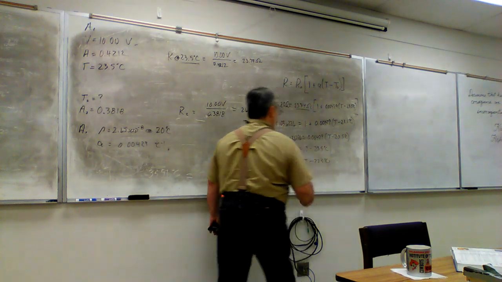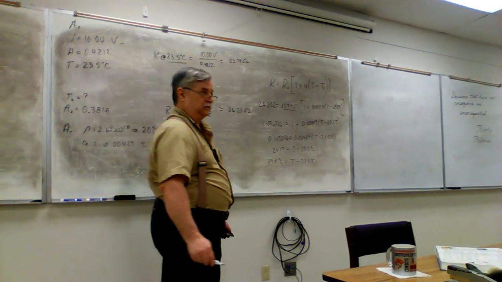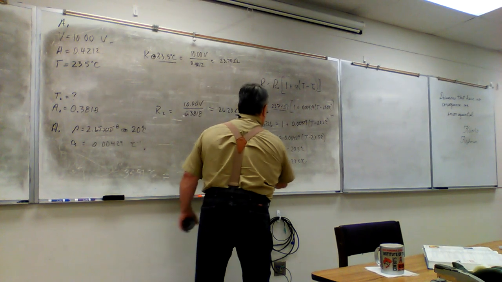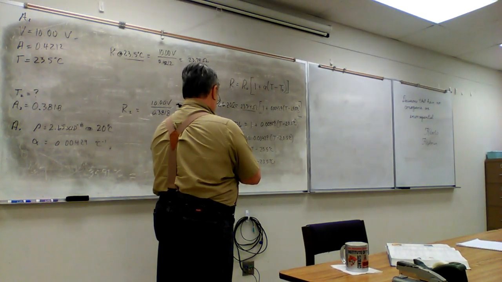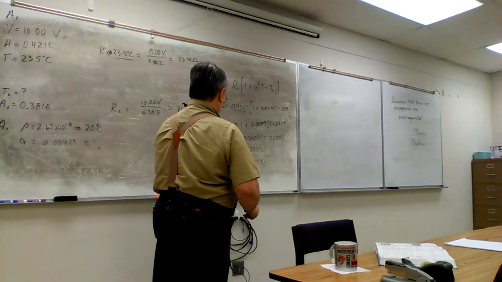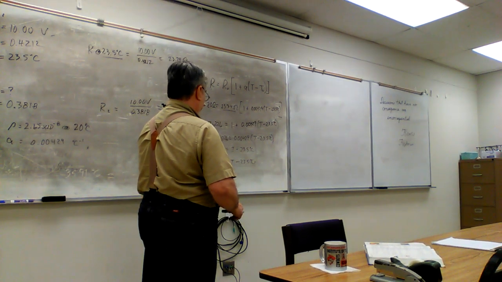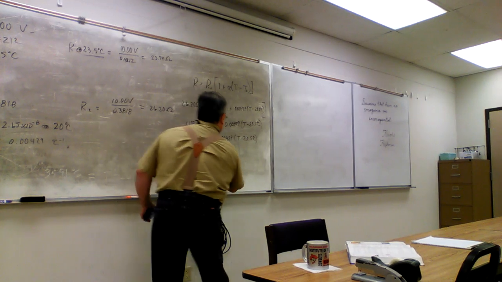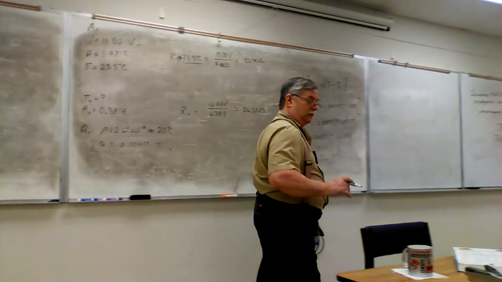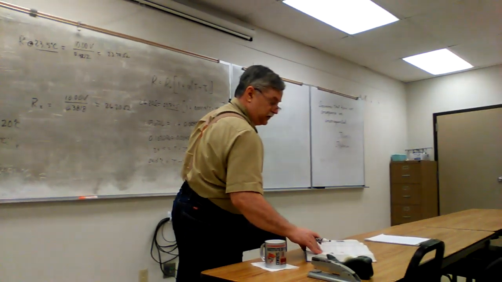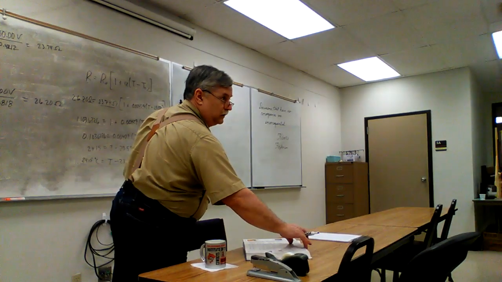So if we add 23.5 to both sides, what's 24.15 plus 23.5? 47.65. But wait, do we have 23.5 or 23.50 as the stated temperature?